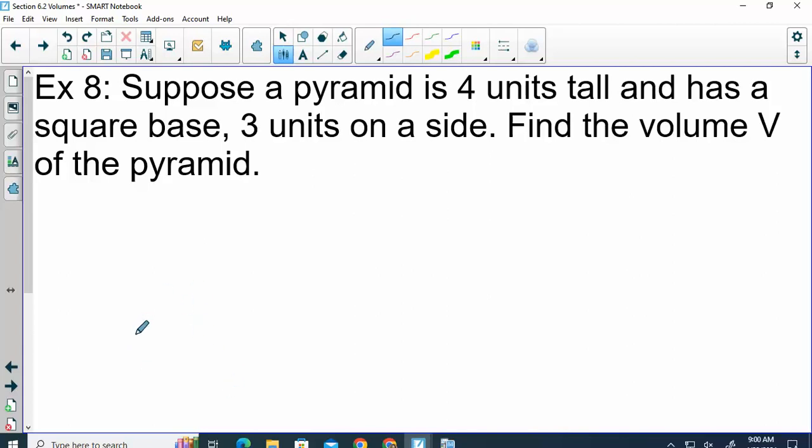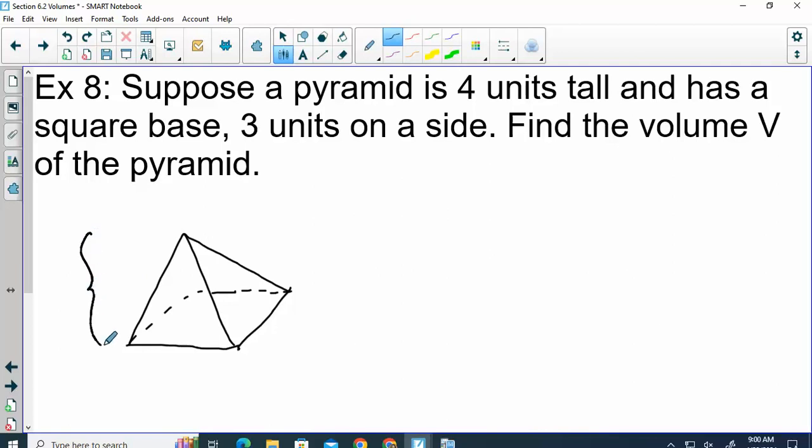Okay, so pyramid, this is really going to test my drawing ability here. And we know that total height of this is 4. The base is a square, so it's 3 on each of these sides.